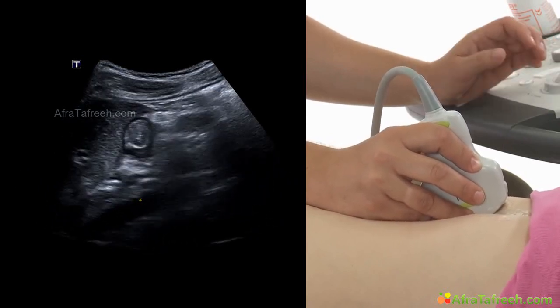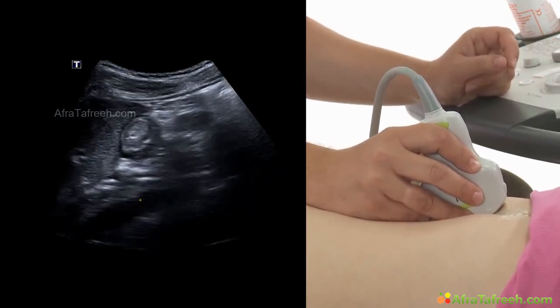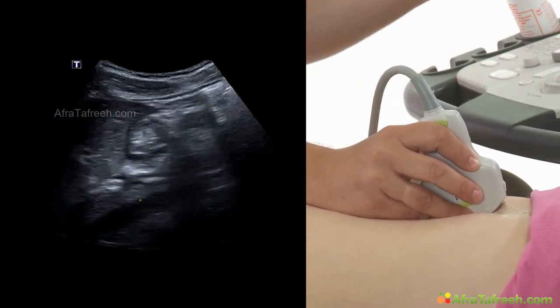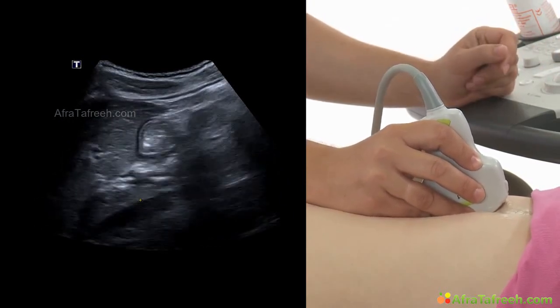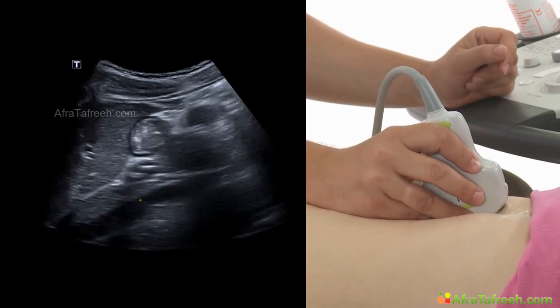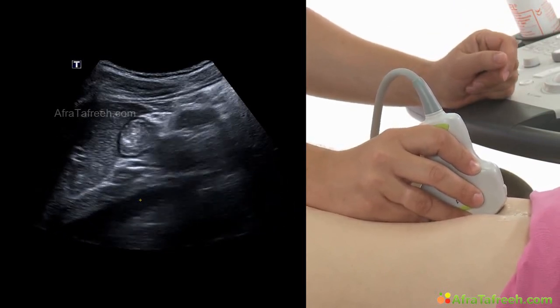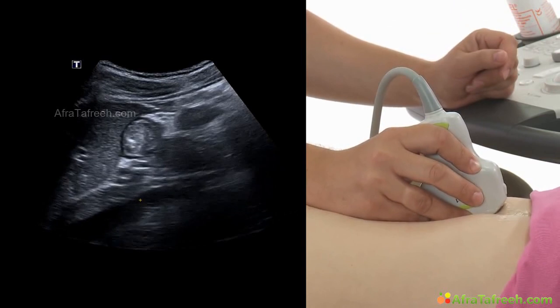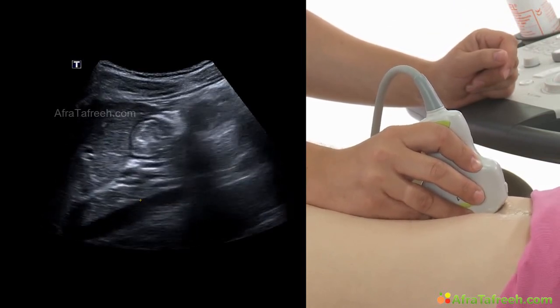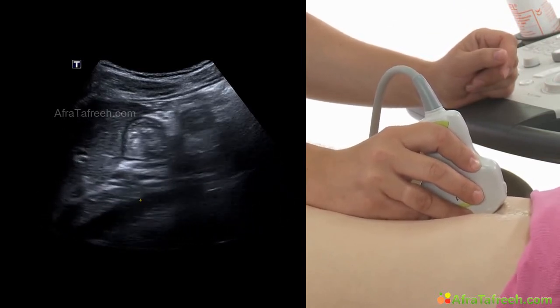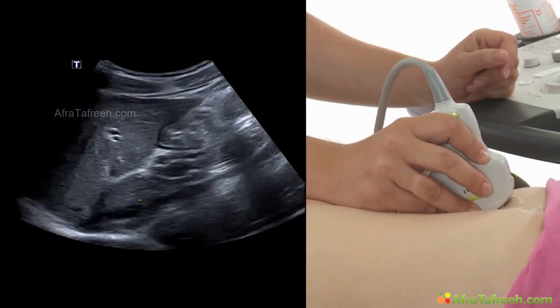And the movement of the IVC is different to the one of the aorta. It's a double pulse movement due to the movement of the heart. We can also detect a change of the diameter when the patient holds her breath. Please inhale and hold the breath for a moment.